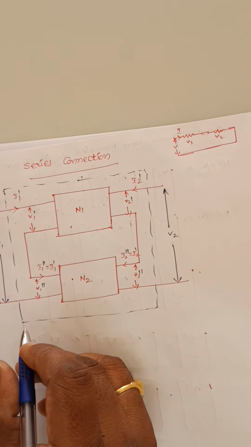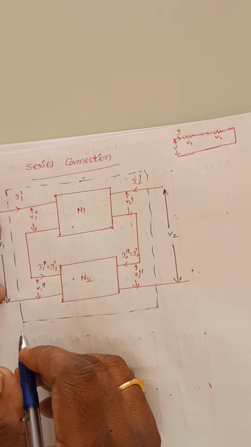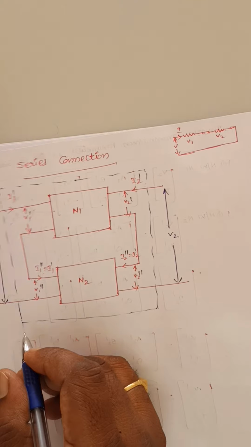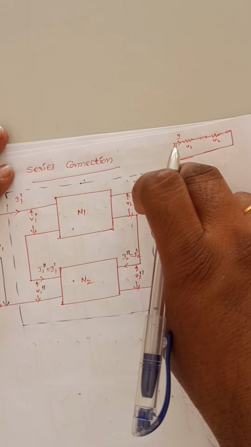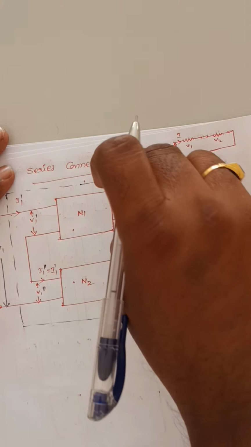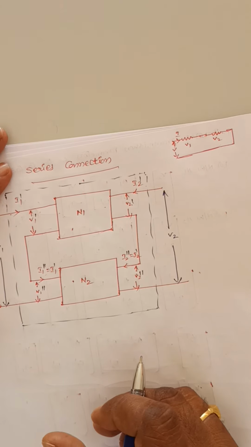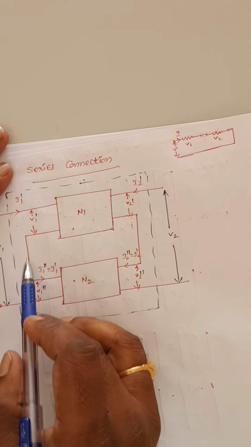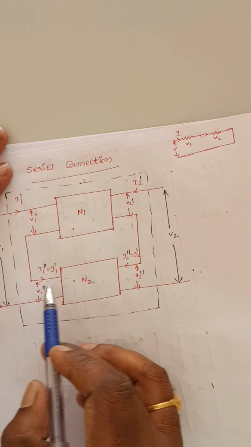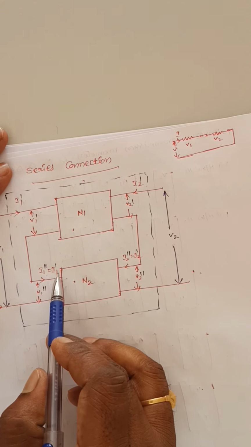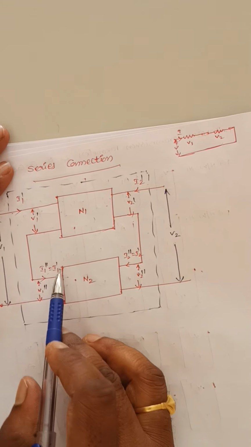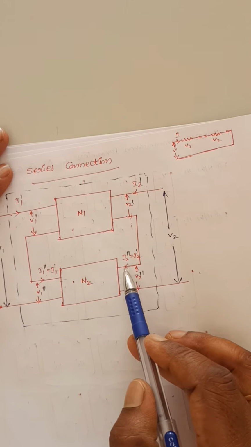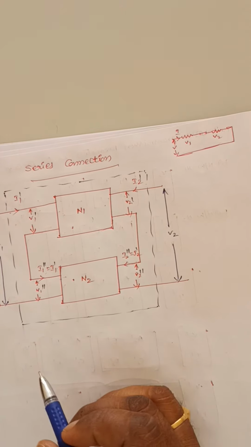Now you can see the total voltage here is V1. The voltages are divided here, V1 dash, V1 double dash. Here also the total voltage is V2, V2 dash, V2 double dash. Whatever current flows through this network N1, the same current will be replicated here. That is, I1 double dash is equal to I1 dash. Here also the same thing, I2 double dash is equal to I2 dash.